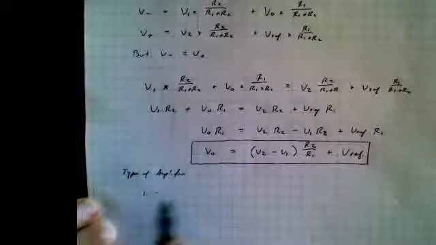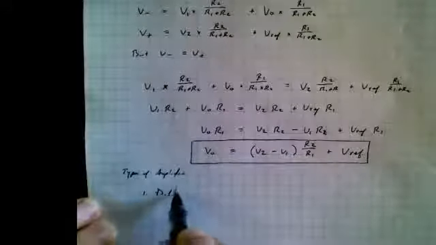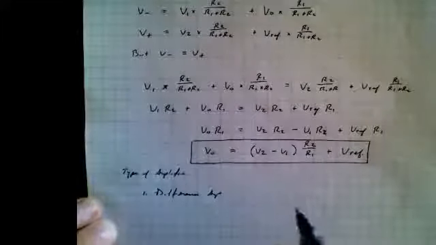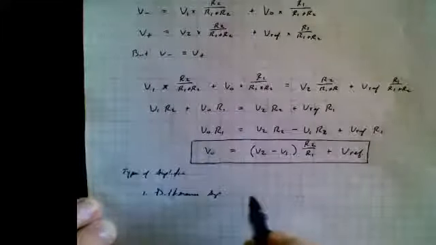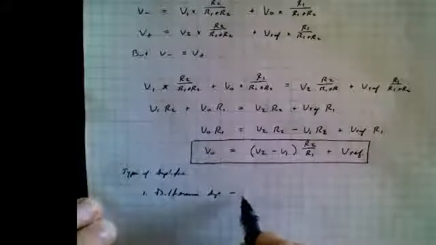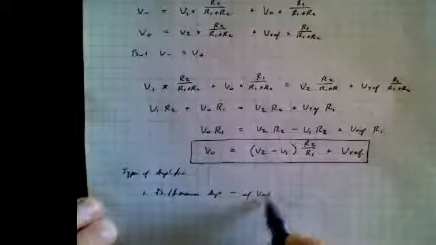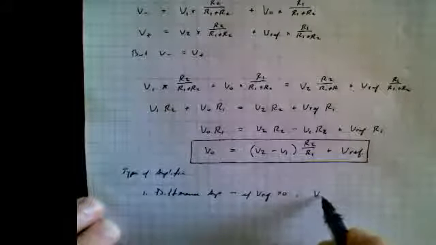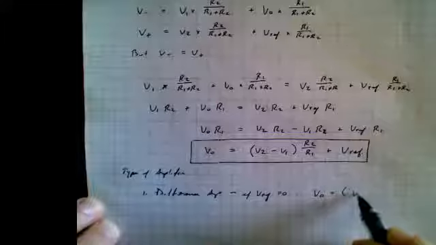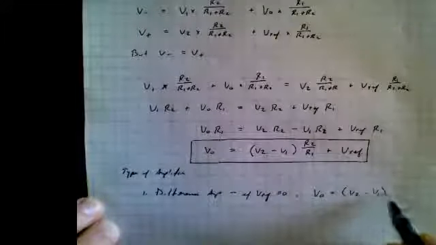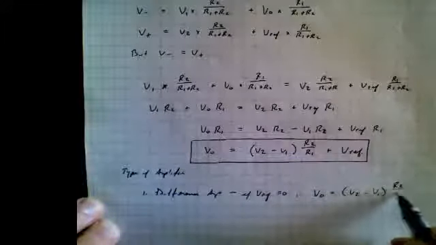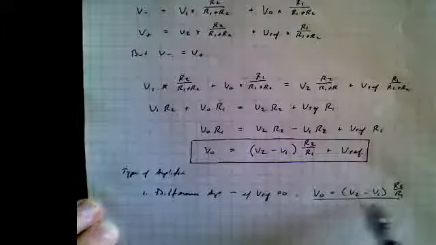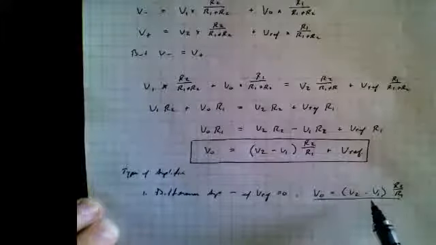The first obvious type is a difference amplifier, and that we get if Vref is equal to 0. So notice what happens when we get VO is equal to V2 minus V1 times R2 over R1. It amplifies the difference between these two voltages.